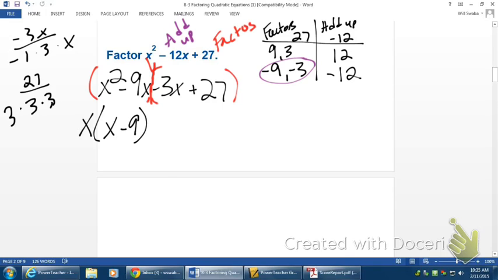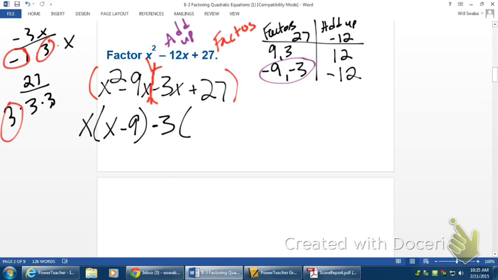If I'm trying to find my greatest common factor, now I want you to factor out the sign of that first number. Notice that's a negative 3x. So I want you to factor out a negative 1. So I can factor out a negative 1 and a 3. So this is a negative 3.